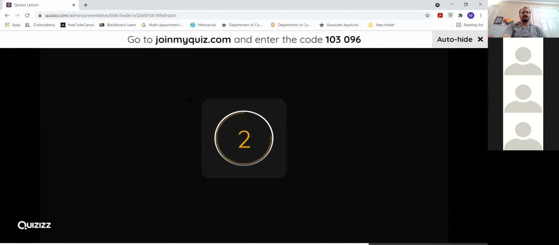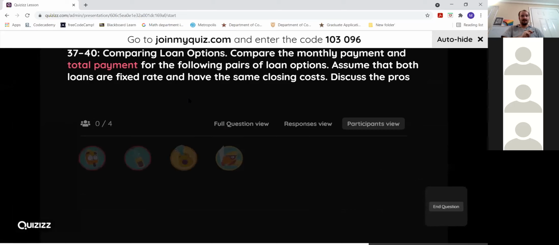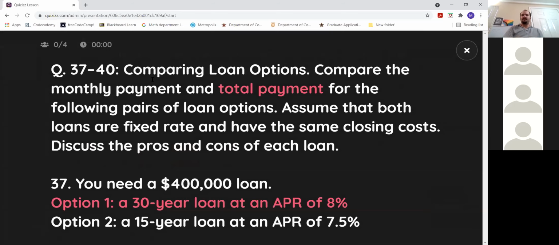And what happens if we plug in? Are we doing monthly or are we doing total next? What order did I put these in? Total payment for the same thing. So we do 29.35, and we're doing that for a 30-year loan.